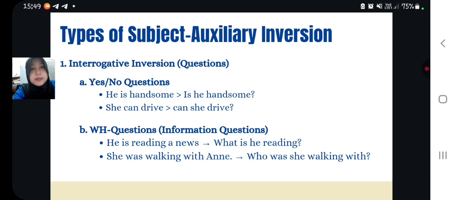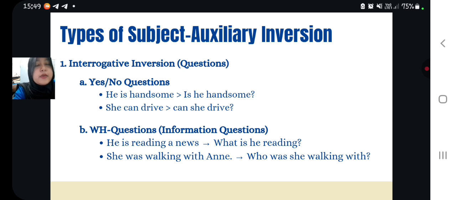Next is types of subject auxiliary inversion. First is interrogative inversion. There are yes-no questions and WH questions, information questions. A. Yes or no question.